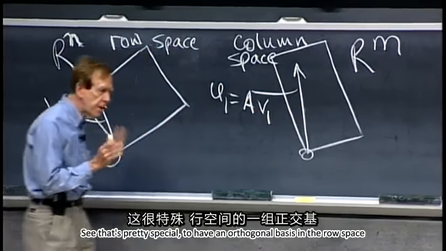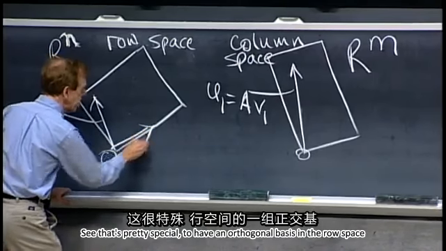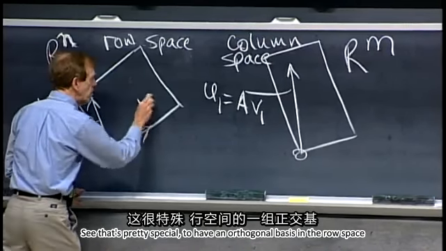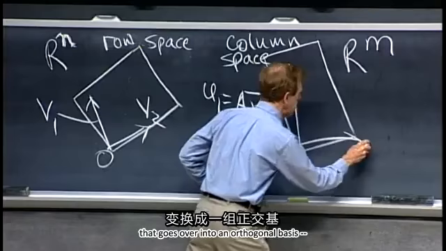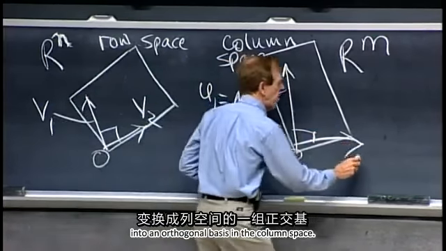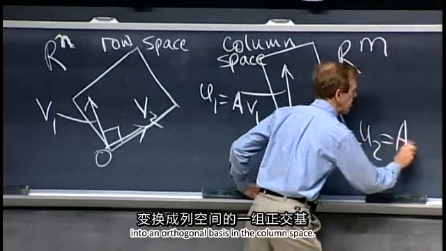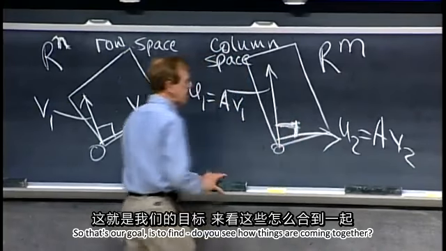See, that's pretty special. To have an orthogonal basis in the row space that goes over into an orthogonal basis, so this is like a right angle and this is a right angle, into an orthogonal basis in the column space. So that's our goal.